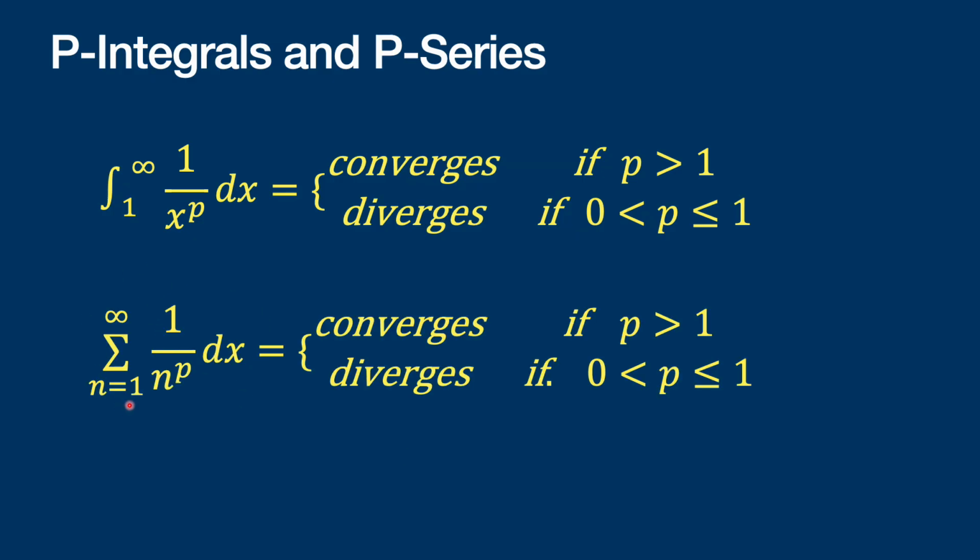The P series is the same thing as the improper integral: if the integral converges, the P series converges when P is greater than 1. If the integral diverges, with P between 0 and 1 or P equal 1, the P series diverges. Guys, remember that this is the P series. P greater than 1 converges. P between 0 and 1, or P equal 1, diverges.